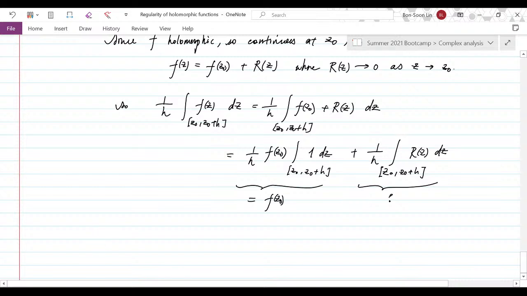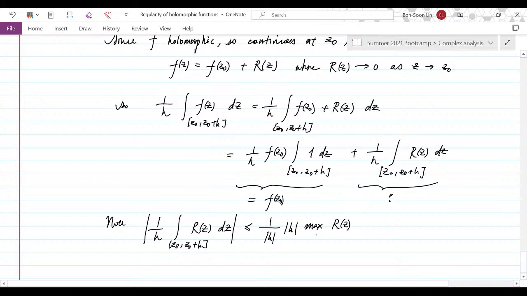So let's bound this out, the magnitude of 1 over h of the integral from z naught to z naught plus h of r of z dz is no bigger than 1 over h of the length of this integral, times the maximum of r of z on this path.